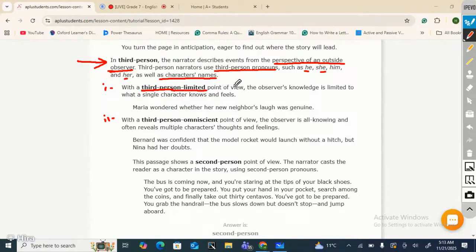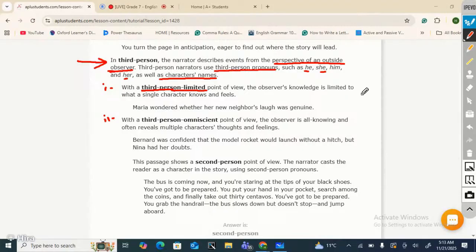With a third person limited point of view, the observer's knowledge is limited to what a single character knows and feels. Well, the outside observer, who is narrating the events of the story in a third person limited point of view, is limited.